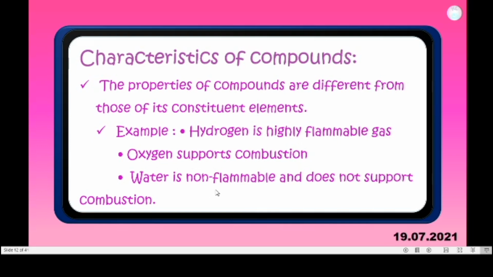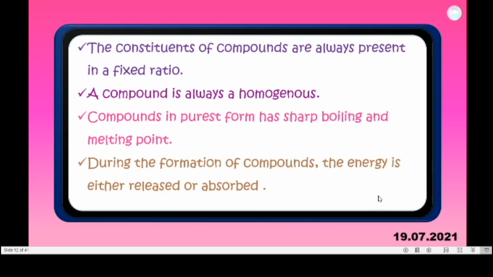But water is non-flammable and does not support combustion. Water is hydrogen and oxygen combined in a 2:1 ratio. So what elements are present in water? Hydrogen and oxygen. But water is non-flammable and does not support combustion. So the properties of compounds are different from those of their constituent elements.